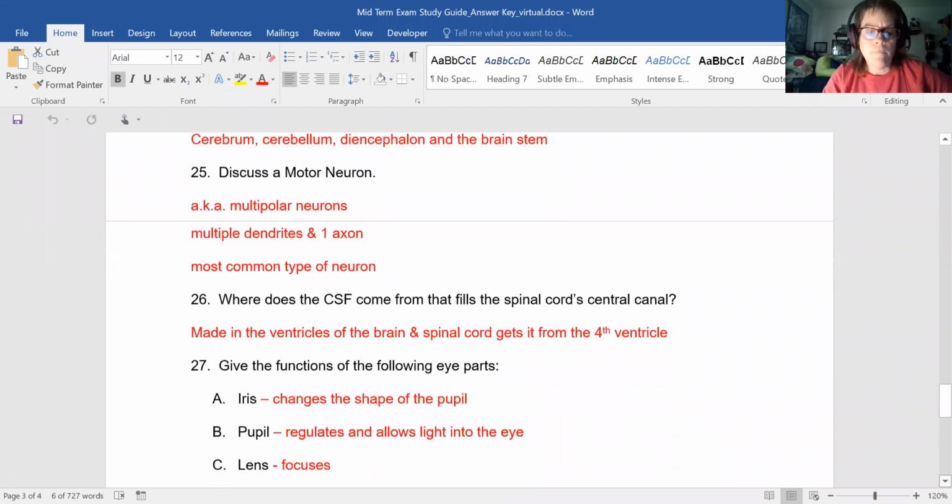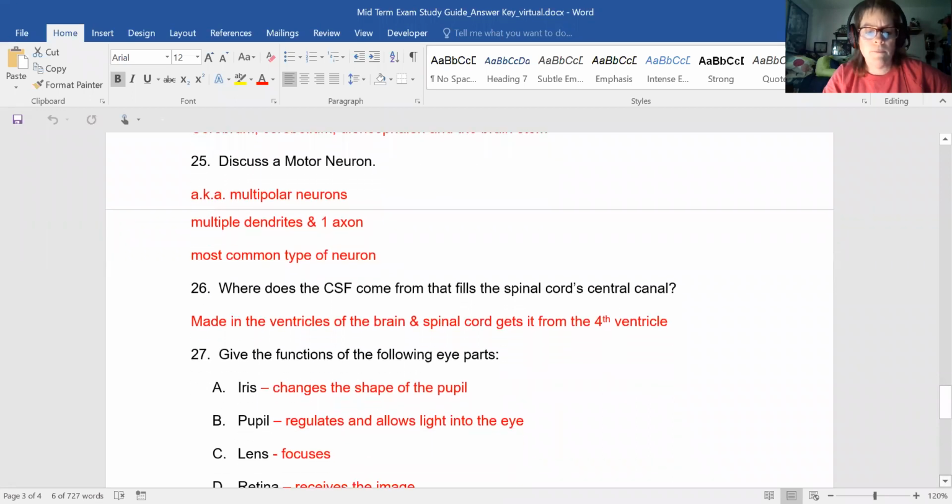Number 26, where does the CSF come from that fills the spinal cord central canal? CSF refers to cerebral spinal fluid. So it's the fluid that's made in the brain. It kind of washes over the brain. It helps with waste removal and all kinds of things.